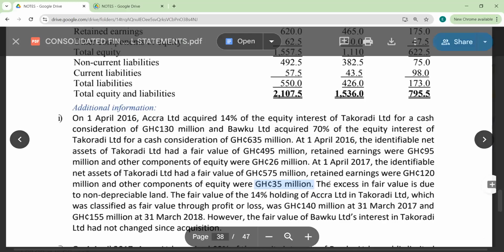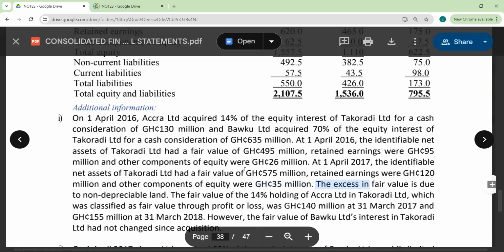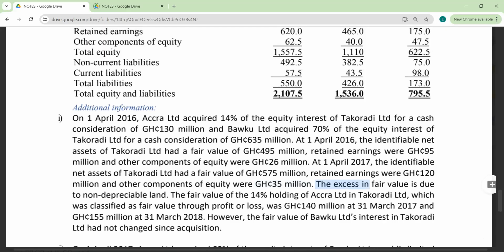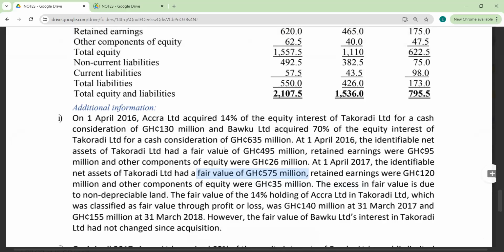The examiner said the excess, because they gave us the identifiable net asset had a fair value of what? 575. And they said the excess in fair value is due to non-depreciable land.